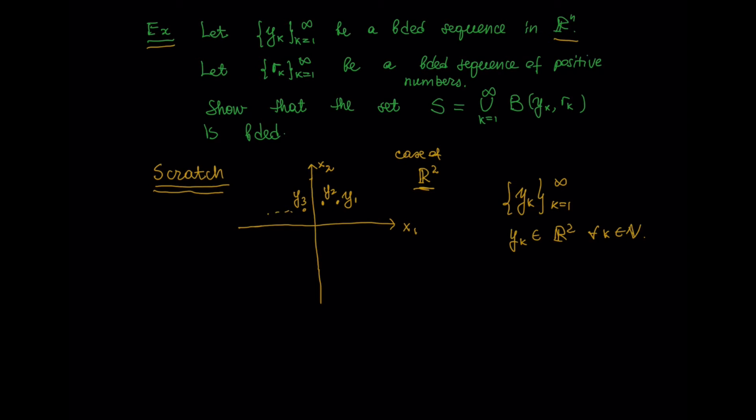So we have a sequence yk that is bounded. It means that there is some positive number m such that the norm of yk is less than or equal to m for every k natural number. So that means that all of these elements yk are actually inside of the circle of radius m, right? So there is some big circle of radius m centered at 0.